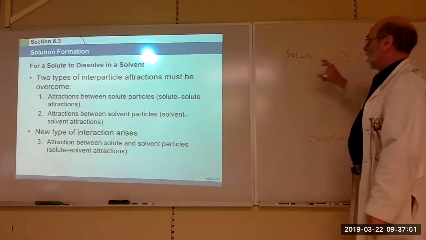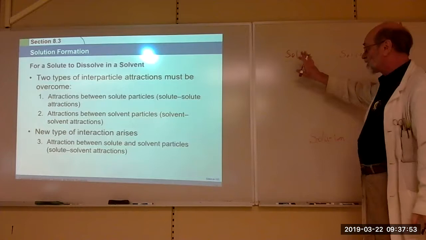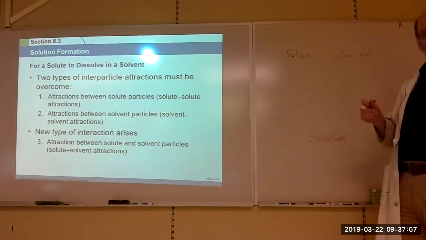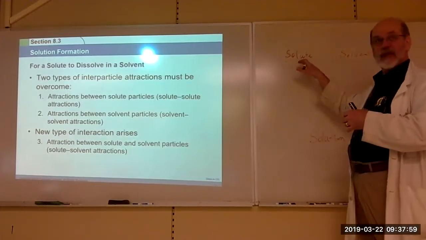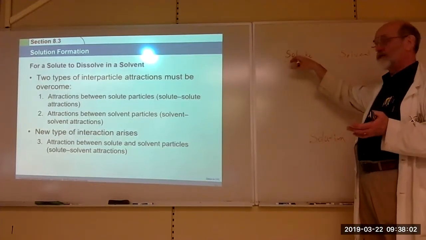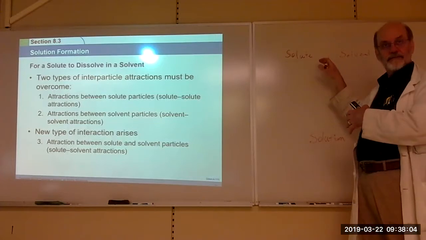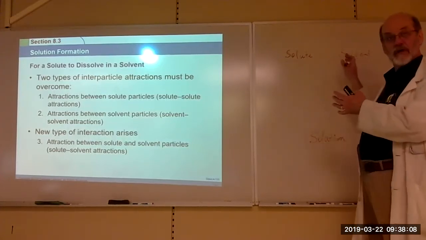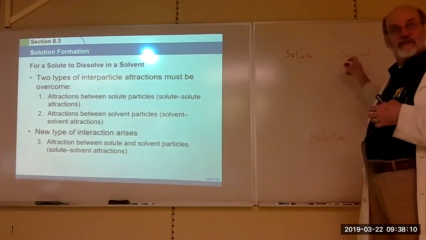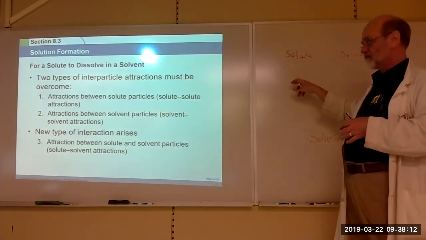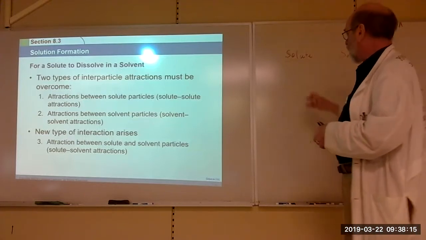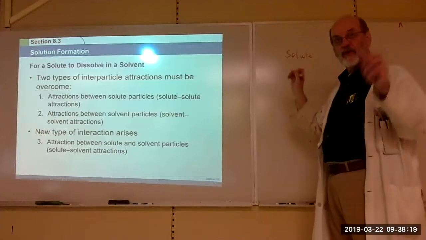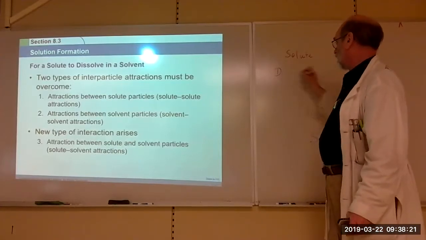So what has to happen? Well, see, this is a pure substance when you start. This is a pure substance when you start. So there are interactions between the atoms or molecules of each one of these within themselves. And before you can get them to interact with one another, you've got to break the bonds that hold these together. Right? So the attractions that hold this one to itself and this one to itself have to be broken. So that's step 1 and step 2.